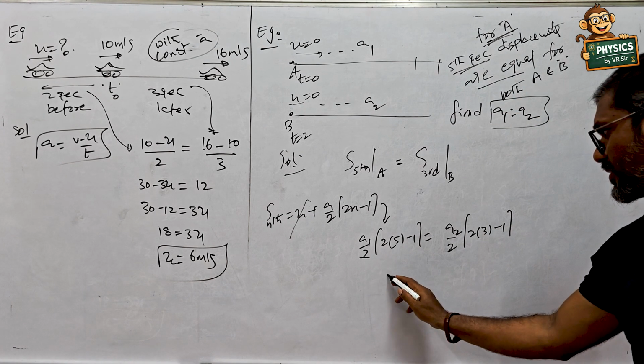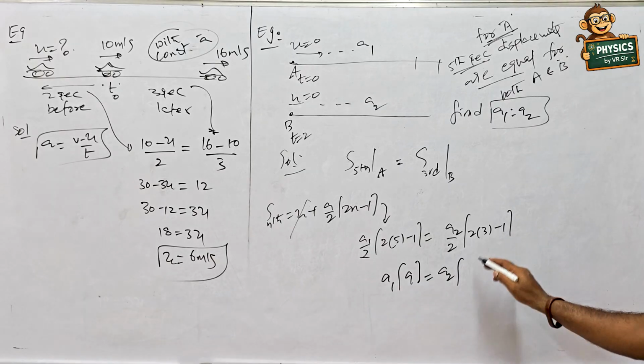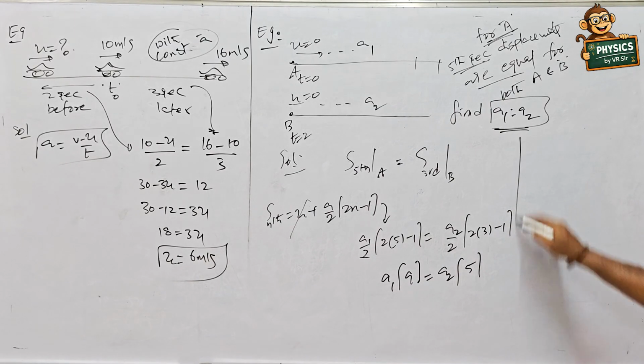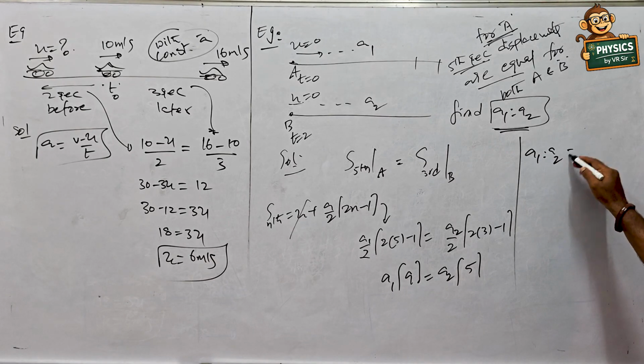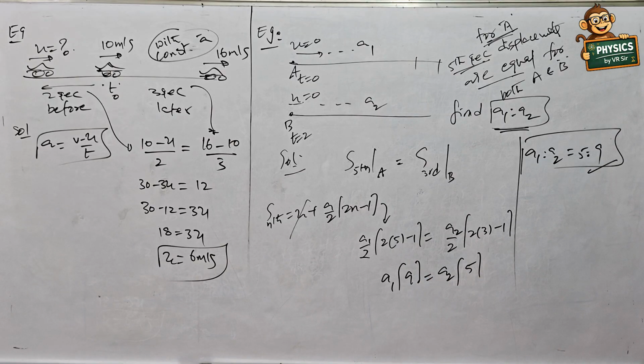So the 2 gets cancelled. a1 into (10 minus 1), 9, is equivalent to a2 into (6 minus 1), 5. Then they are asking for the ratio. So what is the ratio? a1 by a2 is nothing but 5 is to 9. Thank you.